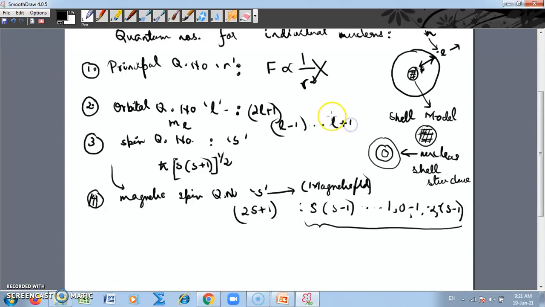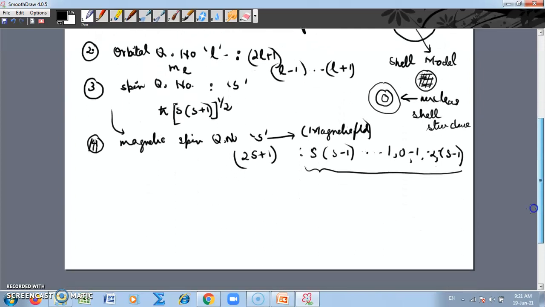So students, these are the same as you studied in atomic physics. These are the quantum numbers associated with an electron. So even protons and neutrons have these kind of quantum numbers.